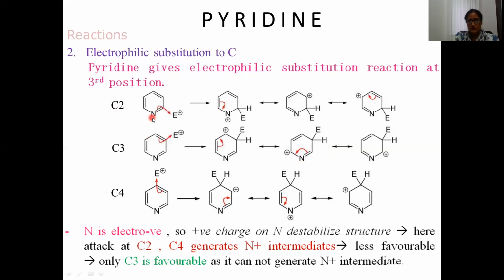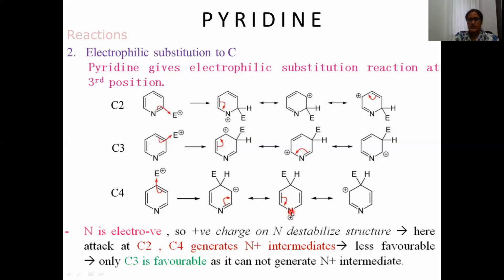And if we see the C2 here, look, this nitrogen contains the positive charge, and these are the resonating structures of pyridine at the C2 position. At the C4 position, if C4 is ready for electrophilic substitution, look here, one intermediate is also present in this resonating structure which contains the positive charge on the nitrogen.